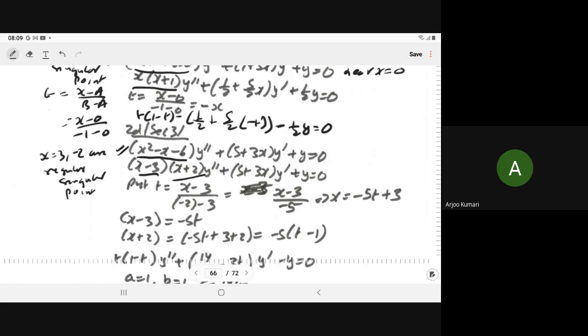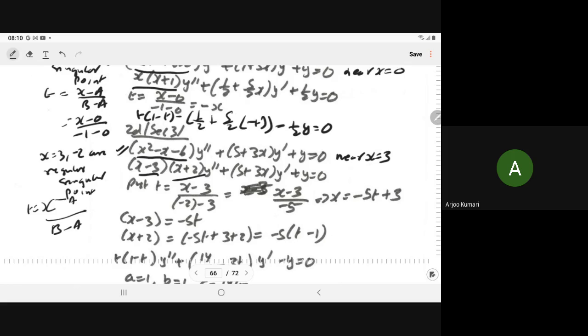So now you have to find the solution near x is equal to 3. Wherever you have to determine the solution, there we have to assume that t is equal to x minus a upon b minus a.